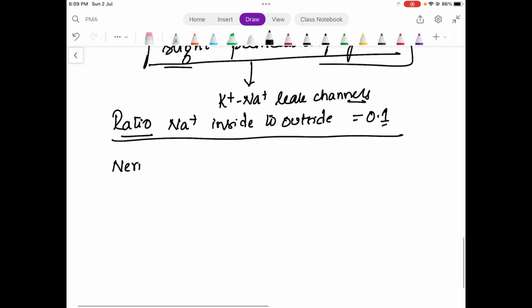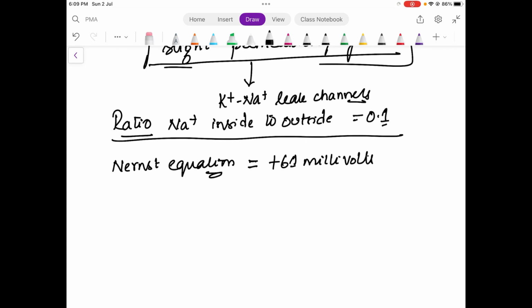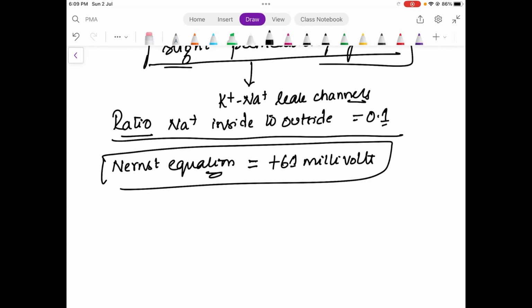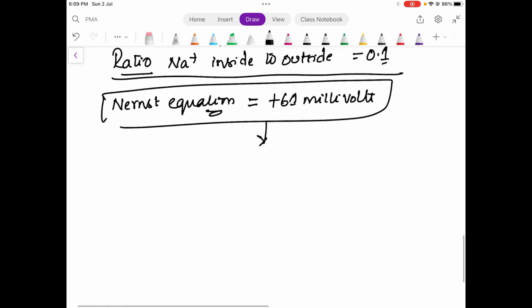If you substitute this in a Nernst equation, we'll get a value around plus 61 millivolts. This is the potential which is caused due to sodium diffusion.